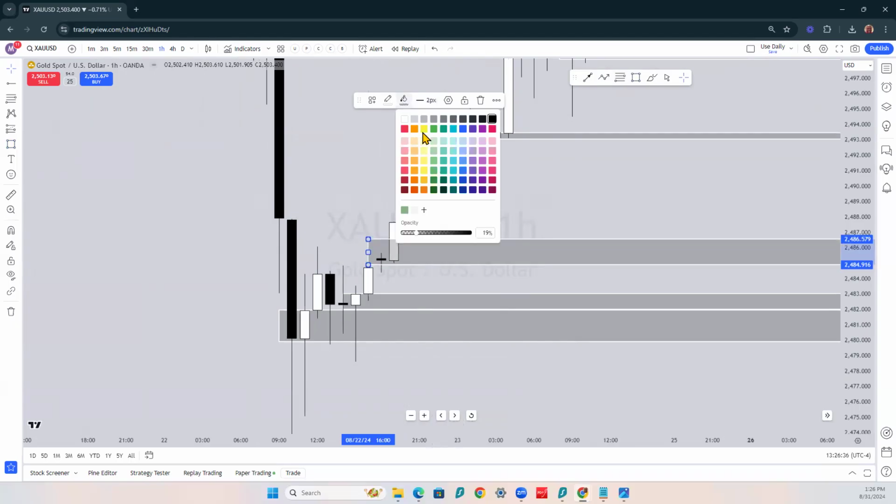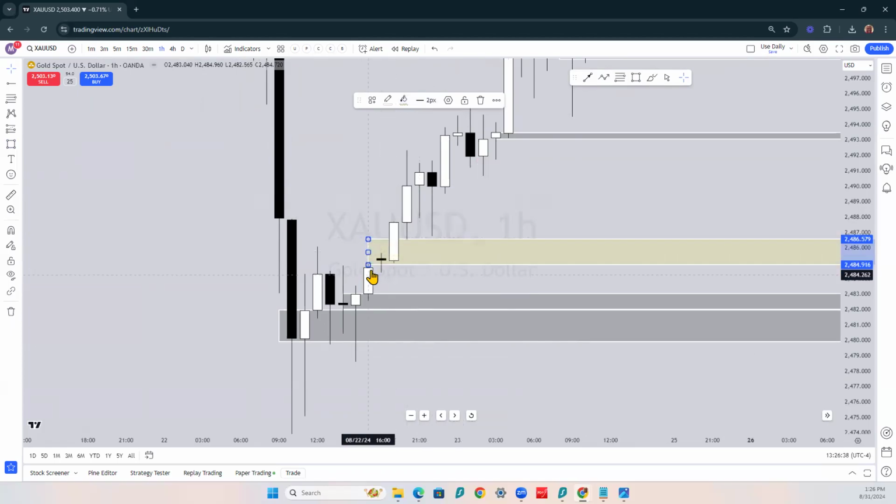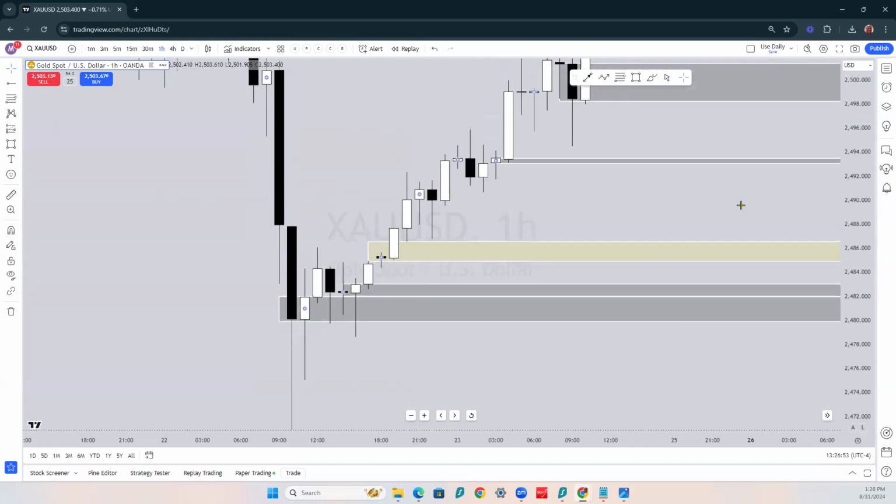So you can color coordinate it and say, hey, there's a gap in the market. So this candle's wick did not come down. It didn't cover this area where this candle stopped. Okay, so that we consider a gap. So typically what happens is the market has to come back and fill the gap.